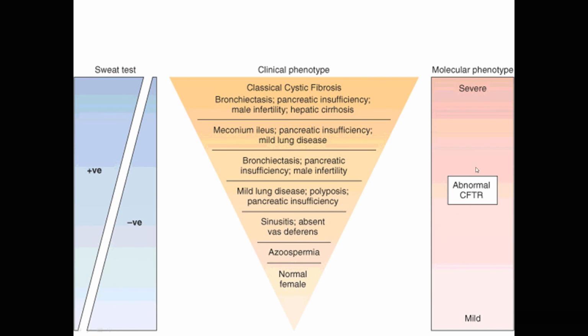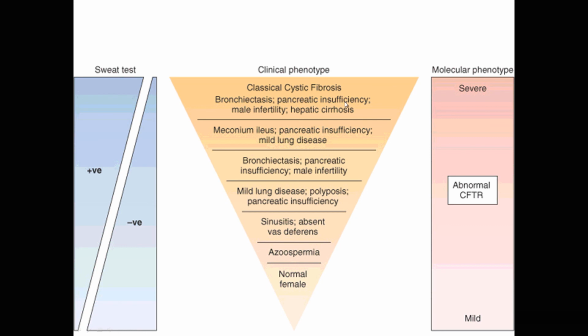Let me note that the abnormality in the CFTR is not affecting only the airway epithelium. It affects also the gastrointestinal tract, especially the pancreas, with pancreatic insufficiency, the reproductive tract, with male infertility, and also the liver and even the skin.